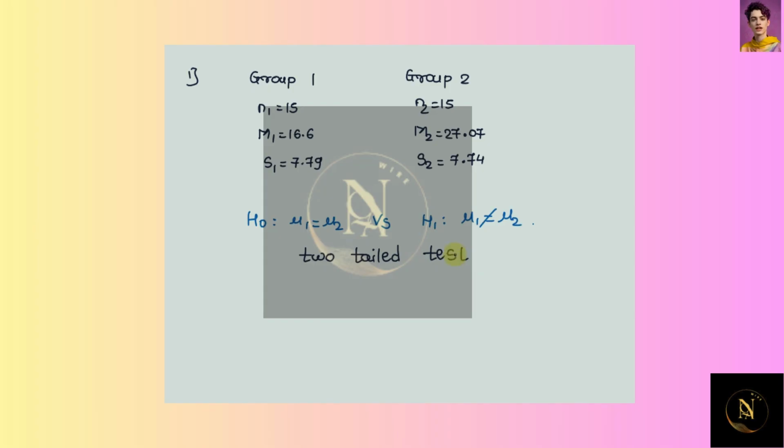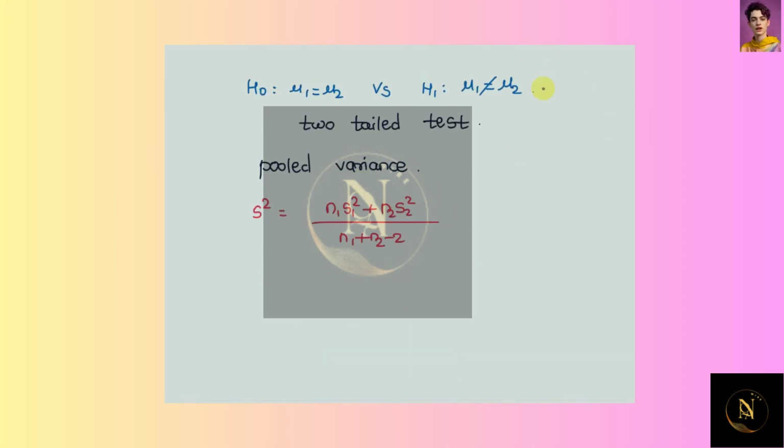First we will calculate the pooled variance, which is given by the formula s square is equal to n1 s1 square plus n2 s2 square divided by n1 plus n2 minus 2. Substituting all the values: 15 into 7.79 square plus 15 into 7.74 square, divided by 15 plus 15 minus 2.